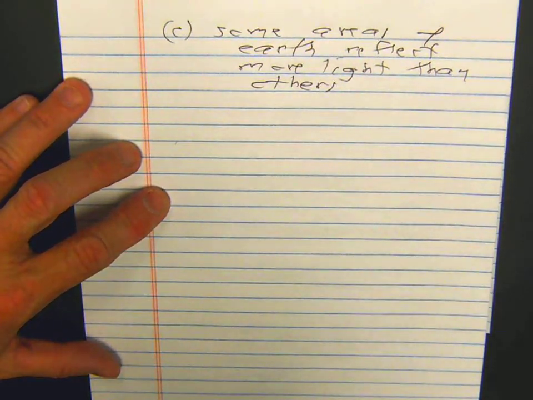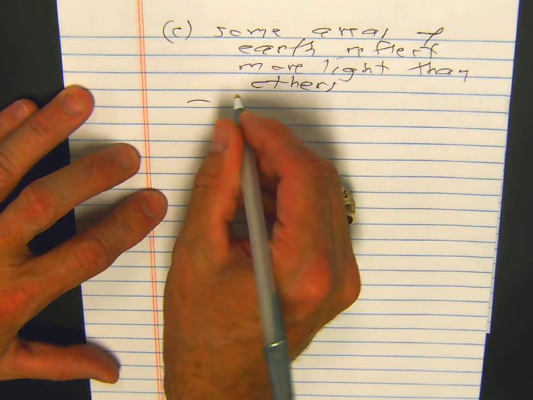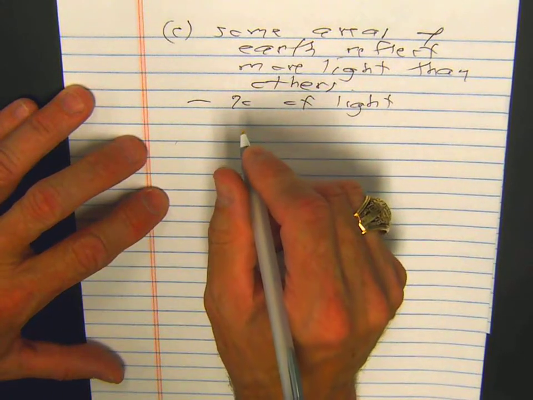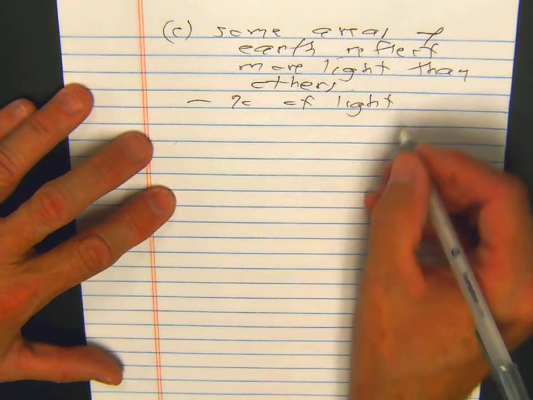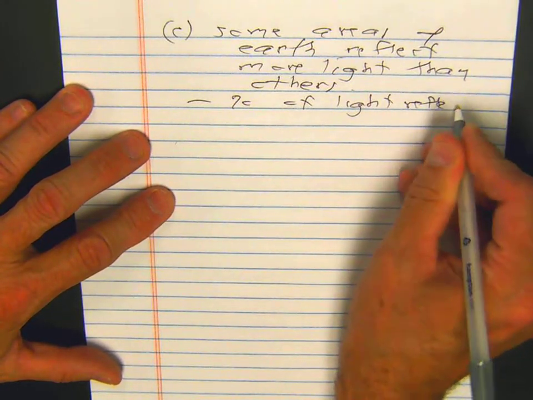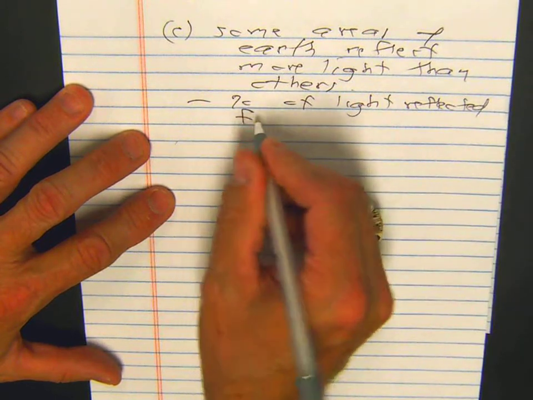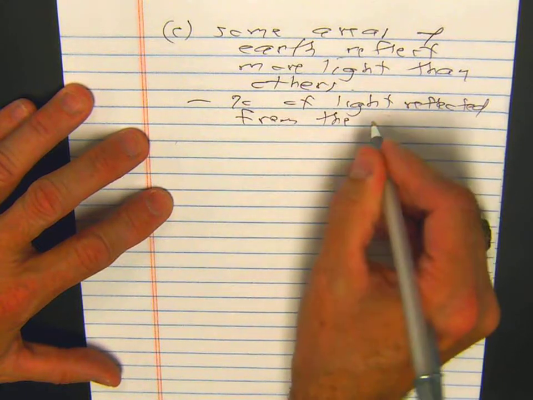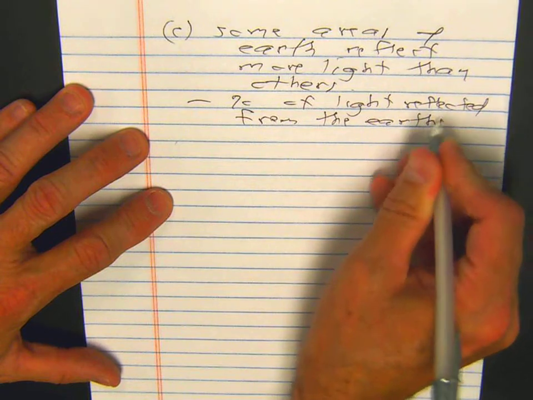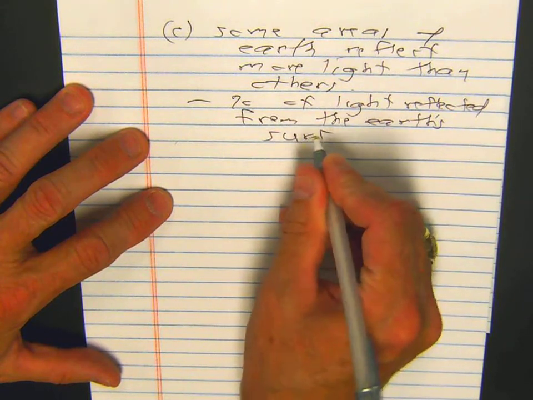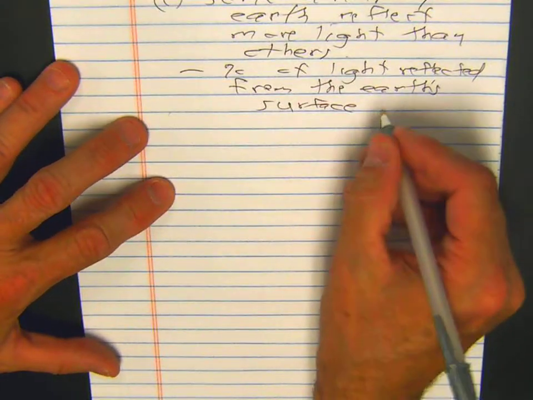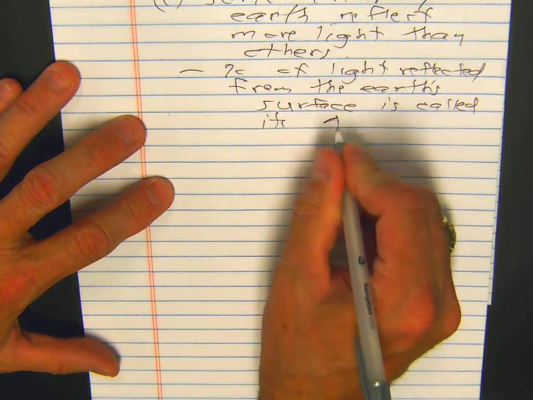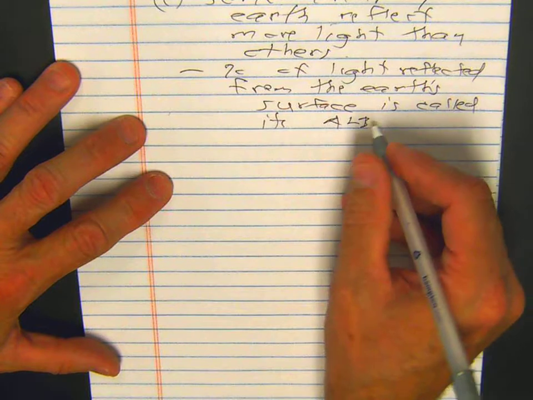And basically the percentage of light reflected from the Earth's surface is called its albedo.